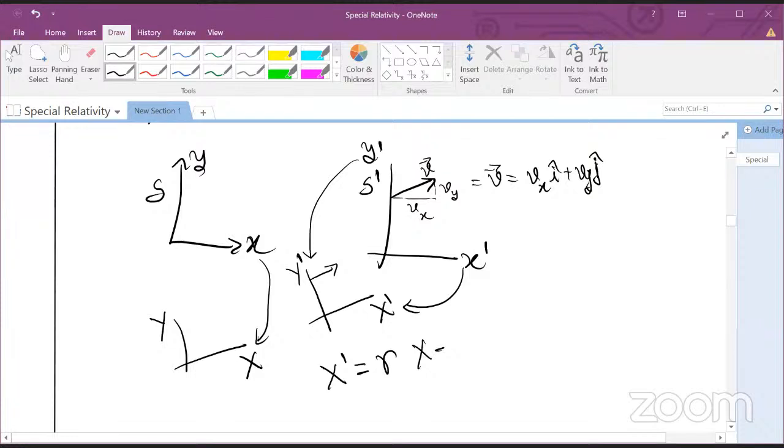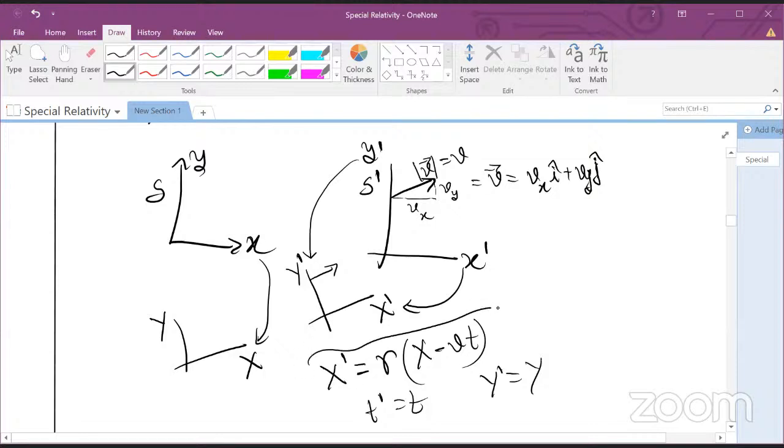The magnitude of V is the same. It doesn't change, right? So it will be Vt, and T dash will be the same as T, and Y dash will be Y. So both are the same. Got it?